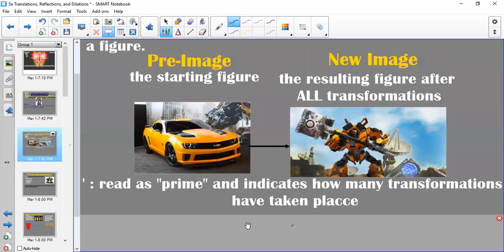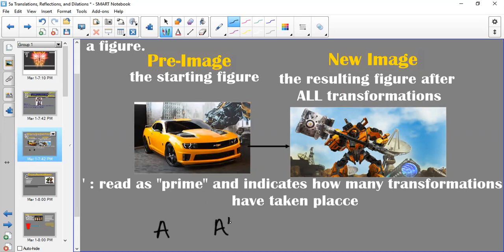And the new image, to show it on a graph, is read as prime. So hence the name Optimus Prime comes from this. So for example, if I had the original point, a lot of times you'll hear me refer to it as the OG. Let's say that was A. If I did any kind of transformation to it, so if I turned it or flipped it or anything, I would call it the new A prime.